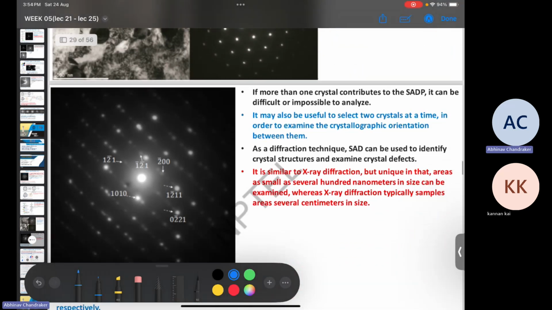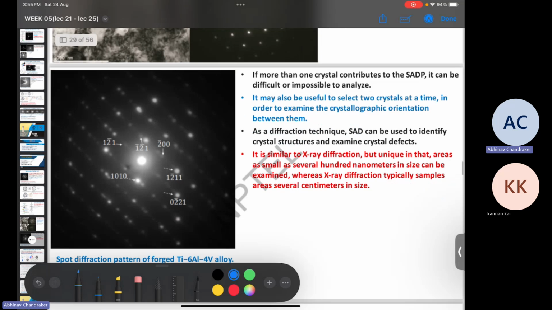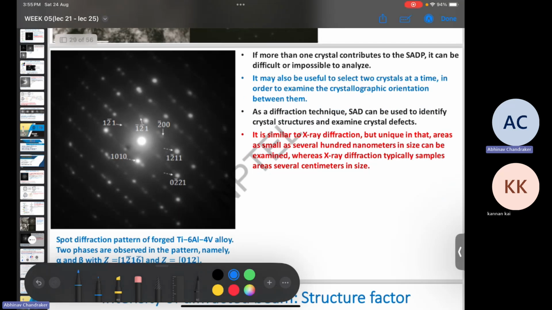So in case we have a polycrystal TEM specimen, then we can just choose one specific grain we want to investigate and put a SAD aperture on that grain, and then analyze the diffraction pattern we are getting.